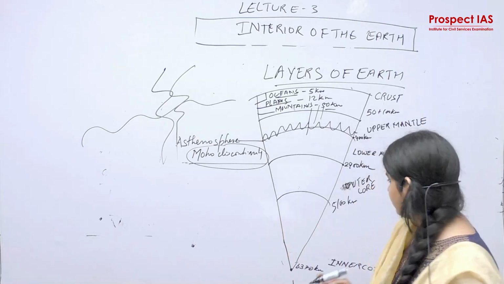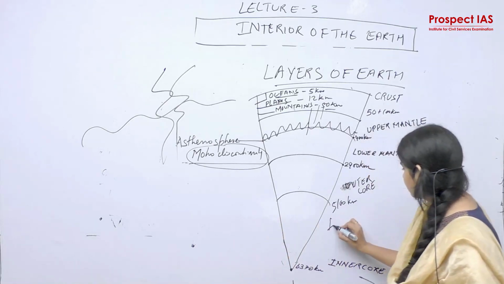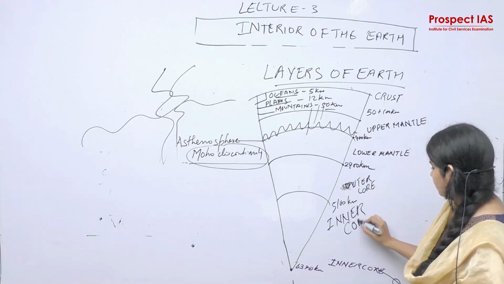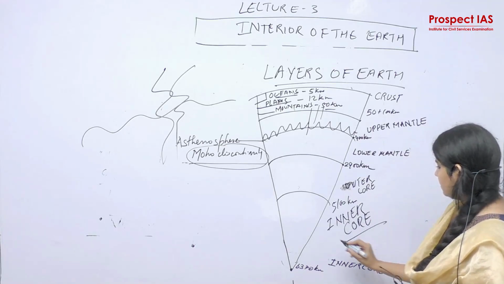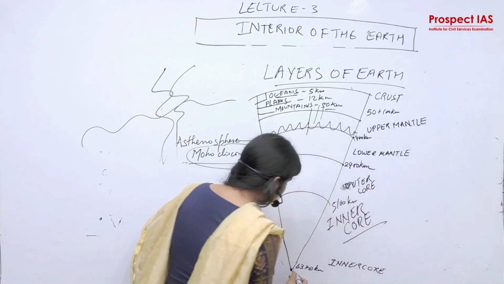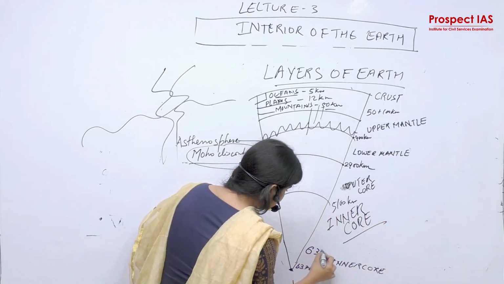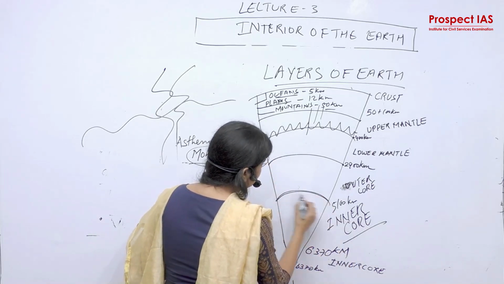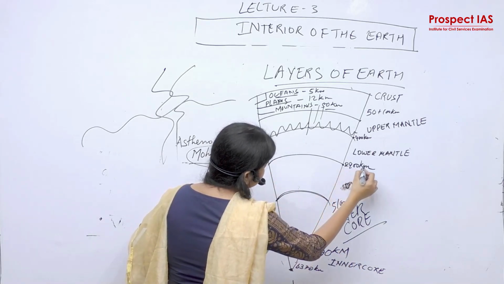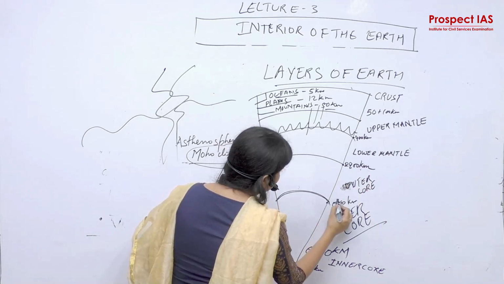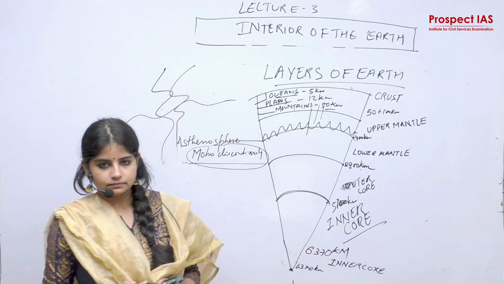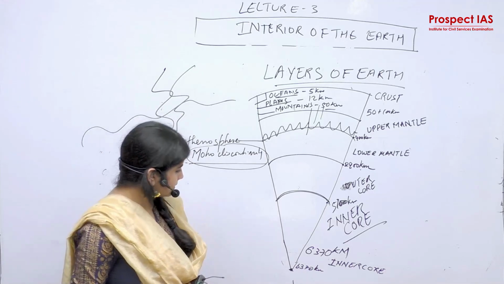Ma'am, what is written after outer core? This is inner core. I will write in bigger font. This is inner core till the point of 6370 kilometers, and this is outer core from 2900 kilometers to 5100 kilometers.